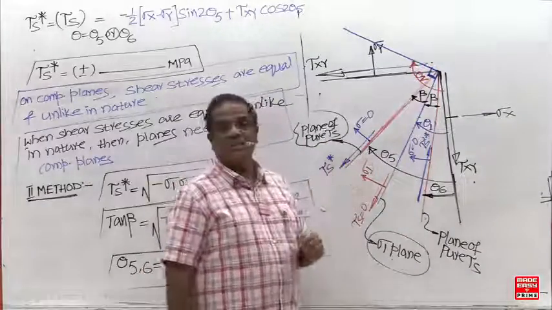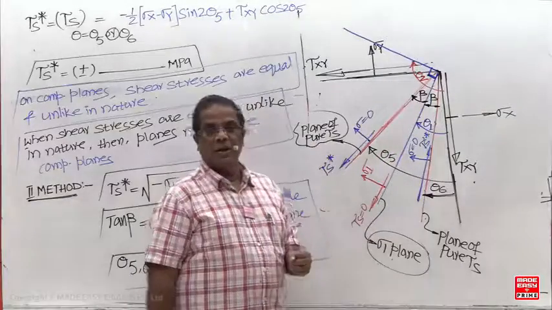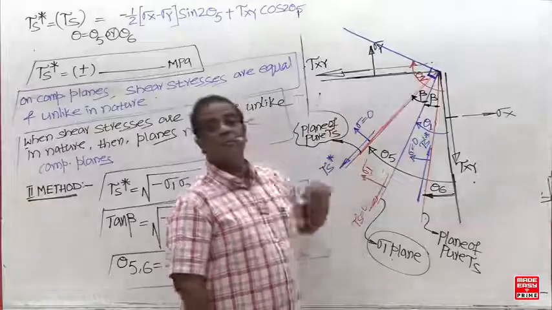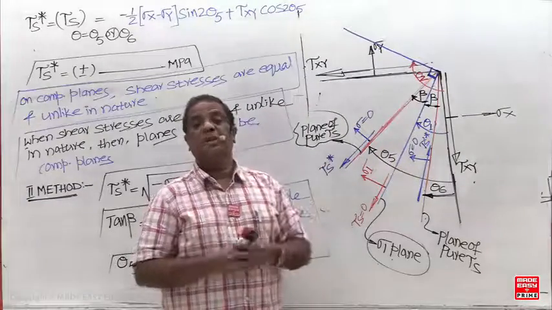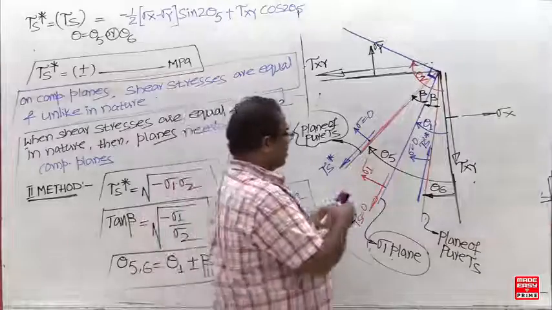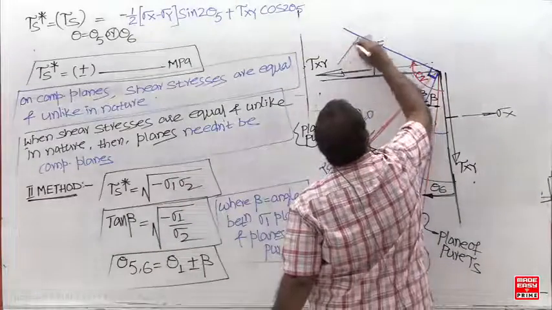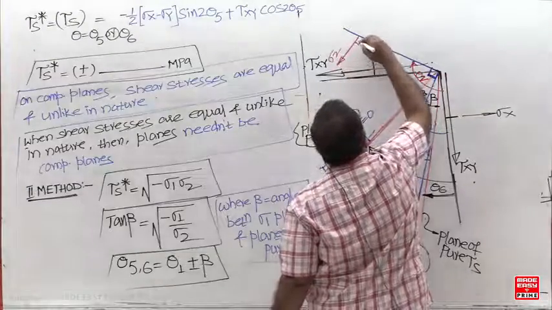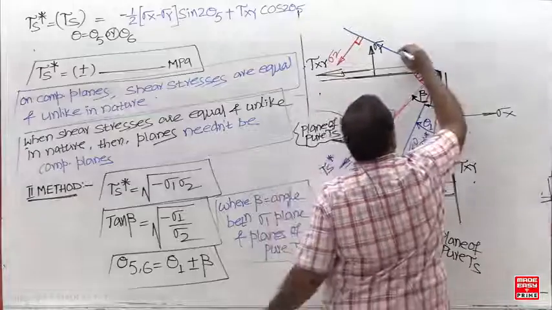And the red color lines are where normal stress is 0. So the red color lines are the planes of pure shear stress or planes of 0 normal stress. And the blue color lines are the planes of 0 shear stress or principal planes. So this is another principal plane.